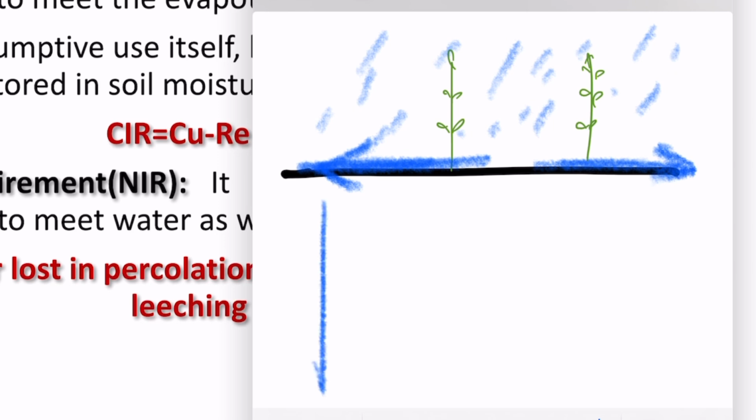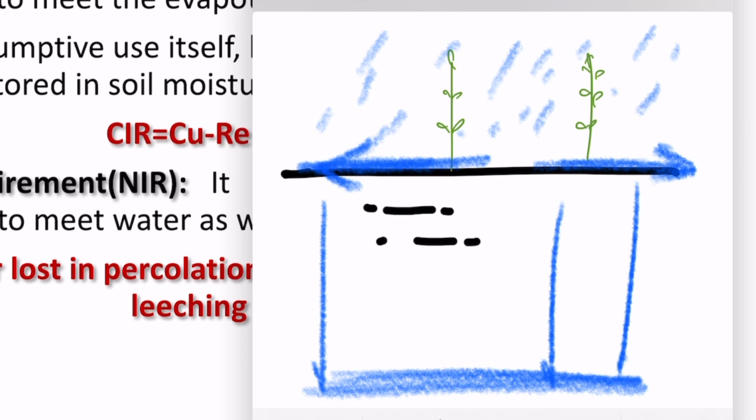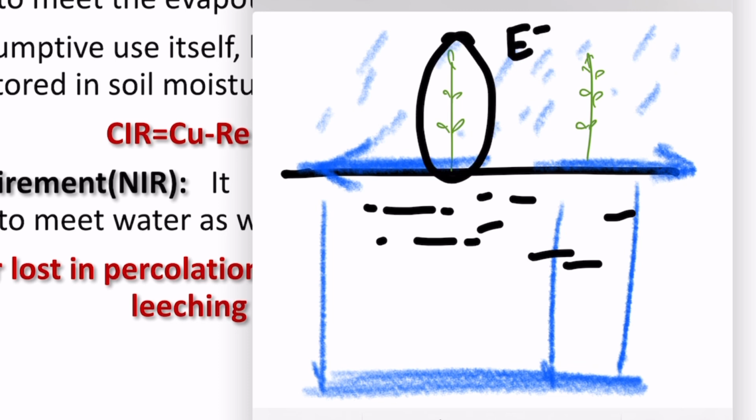Part of the water may percolate and meet the natural groundwater. All right, and through the moisture that is available from the rainfall, the crop fulfills its evapotranspiration need.